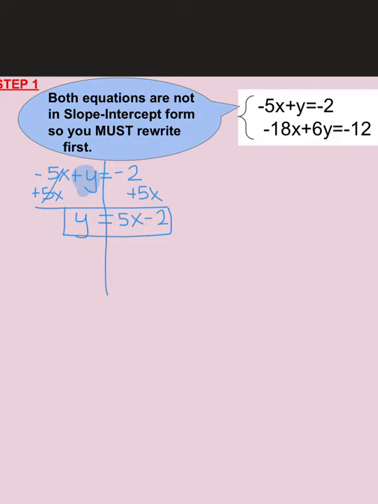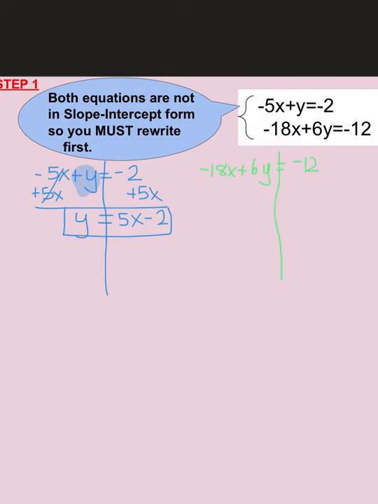Now I'm going to rewrite the next equation. So then I have negative 18x plus 6y equals negative 12. So I want the y by itself.